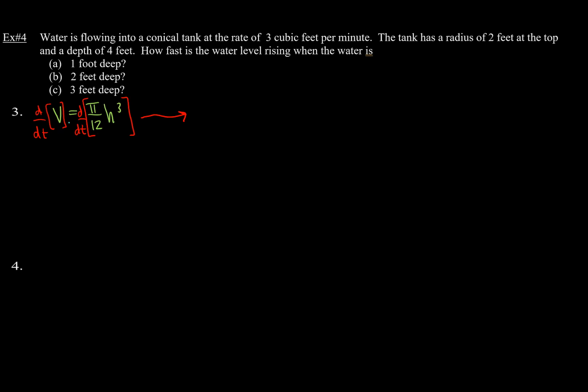On my left side, I'm just going to get dV/dt. On my right side, the 3 is going to multiply by the pi over 12. The 3 and the 12 will cancel, so what I'm really going to end up with is pi over 4, but I'll write out the middle steps in the meantime. Then the h goes along for the ride, and the power of h reduces to 2.